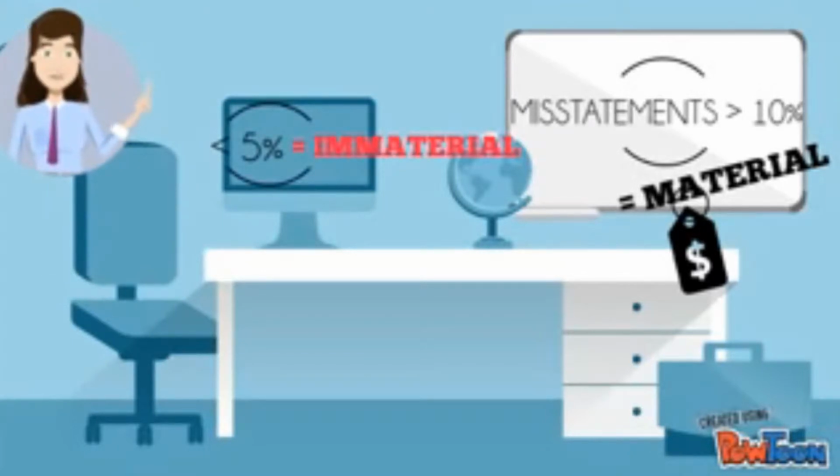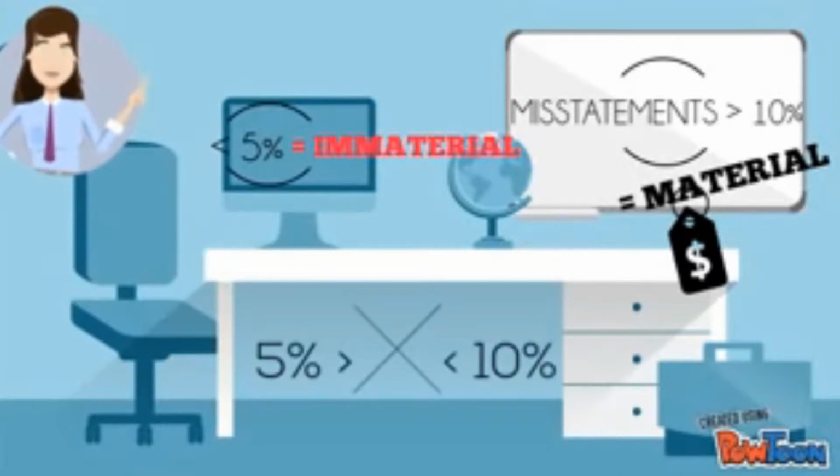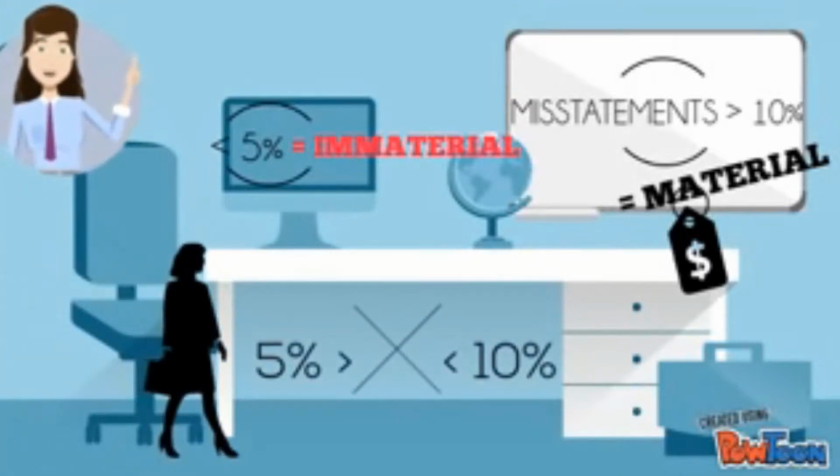A combined total less than 5% is presumed to be immaterial in the absence of qualitative factors. A combined misstatement between 5% and 10% requires the greatest amount of professional judgment to determine its materiality.